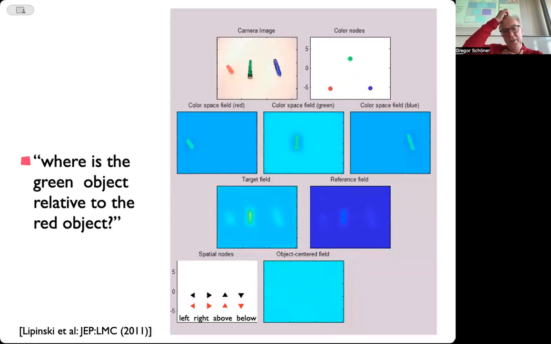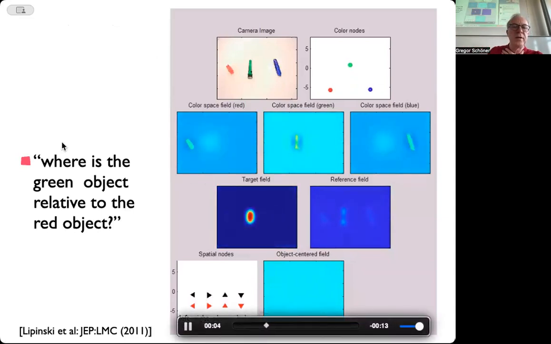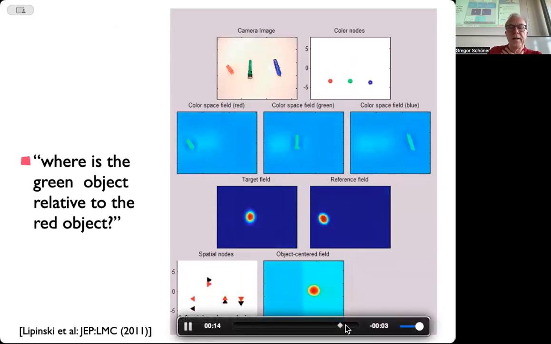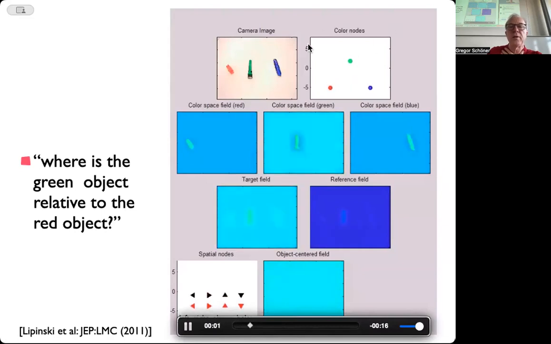And here's some simulations. In this old work, we encoded the phrase, where is the green object relative to the red object? That would be the phrase that really asks for localization. And we encoded the phrase by giving a sequence of boosts to that system. So initially, I have these nodes, and then the boost is given to the green node from the outside.